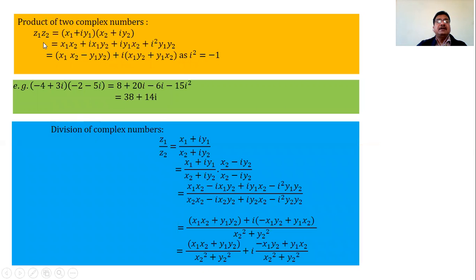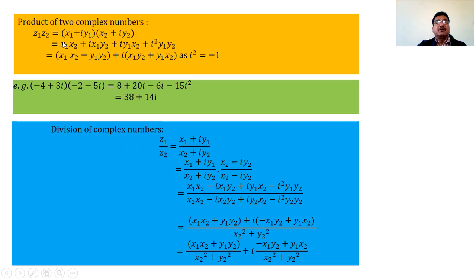Then how can you define the product of two complex numbers? These are the complex numbers. The product of these two brackets, this bracket contains 2 terms and this bracket contains 2 terms, therefore their product contains 4 terms. What are they? x1 x2, plus i x1 y2, plus i y1 x2, plus i square y1 y2, and i square is minus 1.